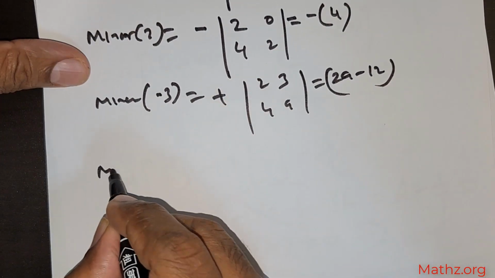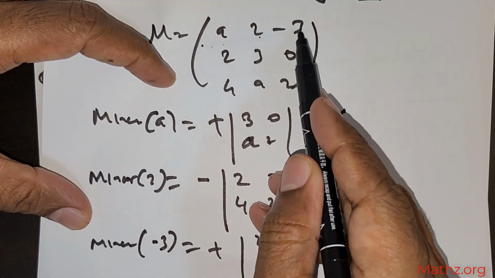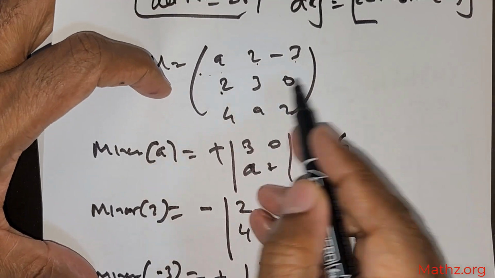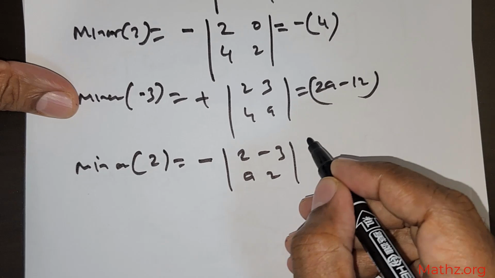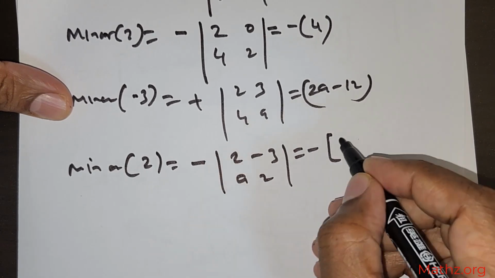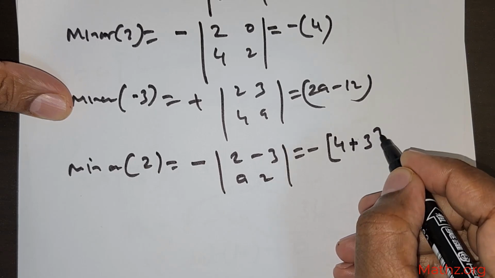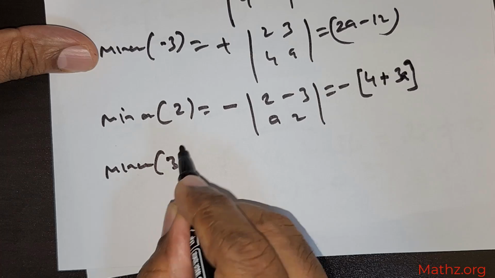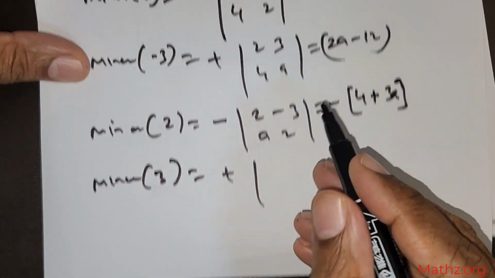You got to go to the second row. Now minor of 2, positive, negative. Leave the row and the column: 2, negative 3, A and 2. So this is going to be negative of 2 times 2 is 4, negative, positive 3 times A. The minor of 3, negative sign. Now you have to have a positive sign.